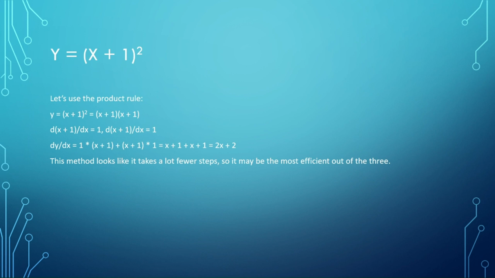Can anyone see how it might not actually be that efficient, out of interest? What might cause it to be slightly inefficient? Do you want to post in the chat what you think? So we're performing a differentiation. What memory used?